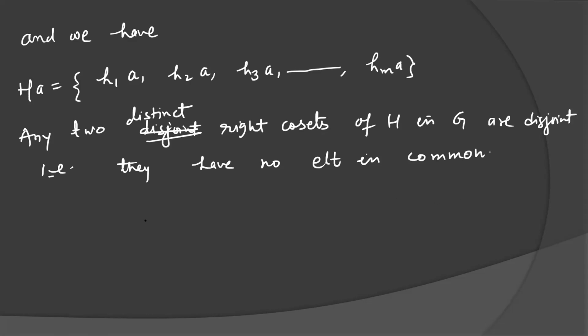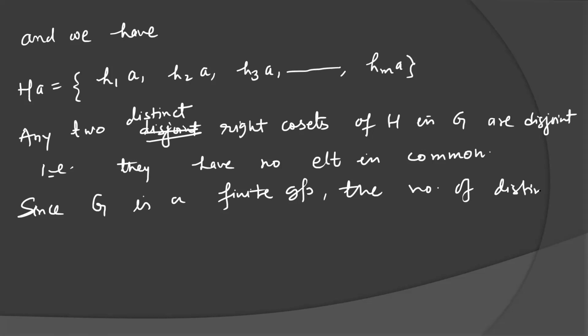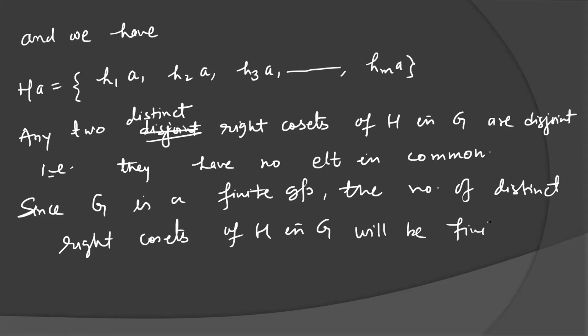Otherwise they would be identical, and then there is no meaning for that coset. Since G is a finite group, the number of distinct right cosets of H in G will be finite, let it equal K. So some may be identical, some will be disjoint. So supposing that the disjoint ones are K actually.